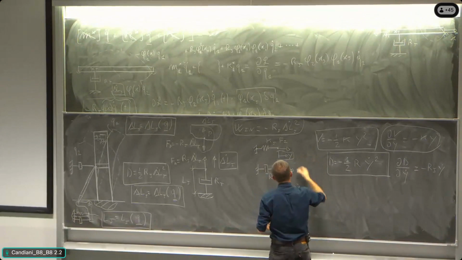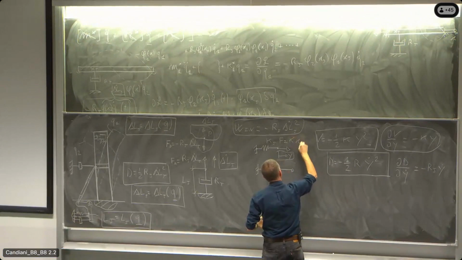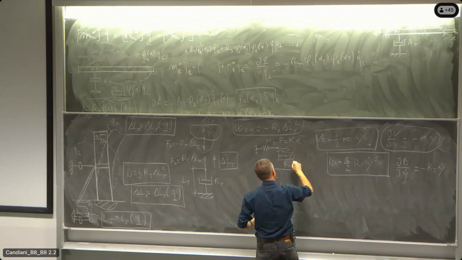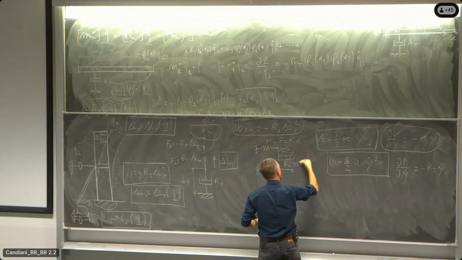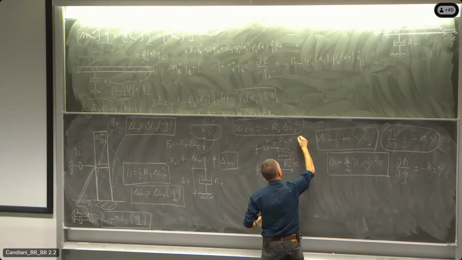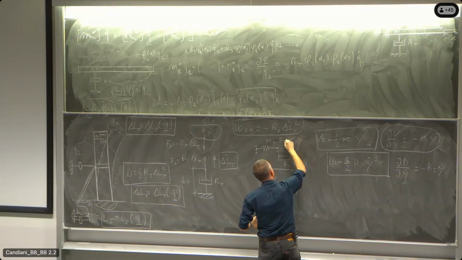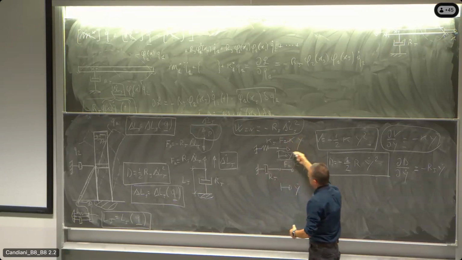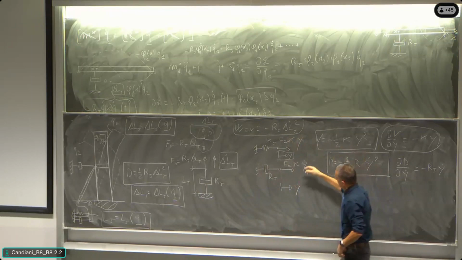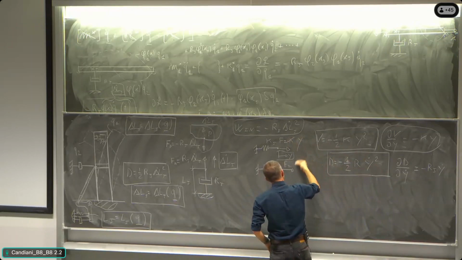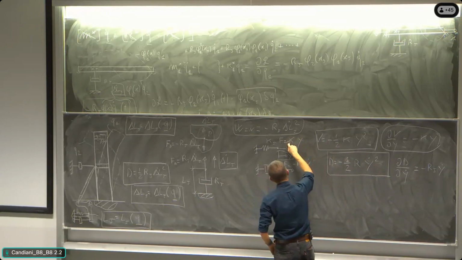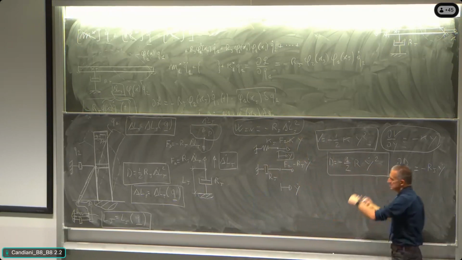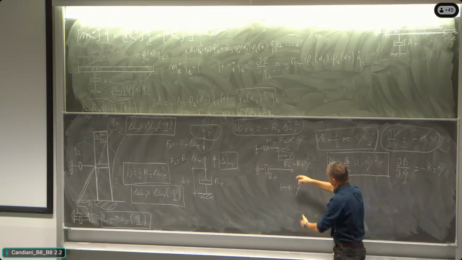The force, then, is the force that is acting on the body. I write minus Rj y dot, and this minus is the force that is acting on the body, so it is reversed with respect to that.